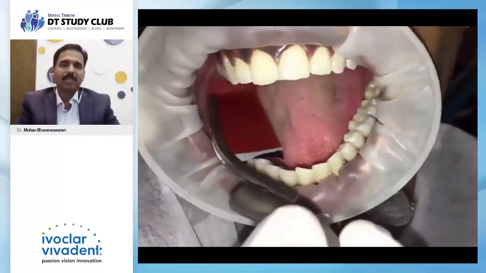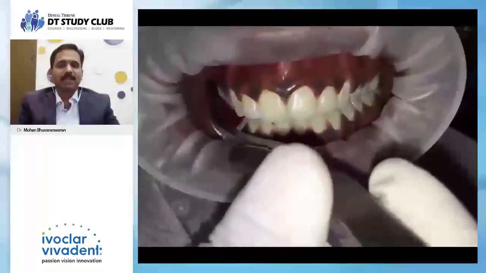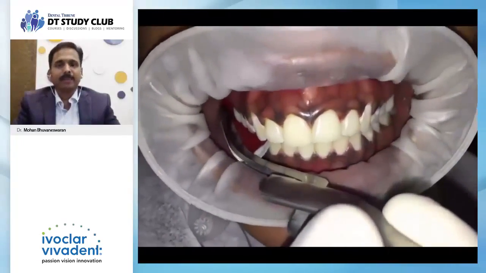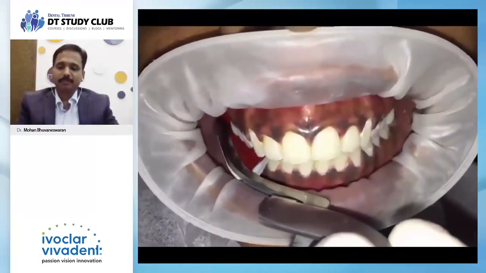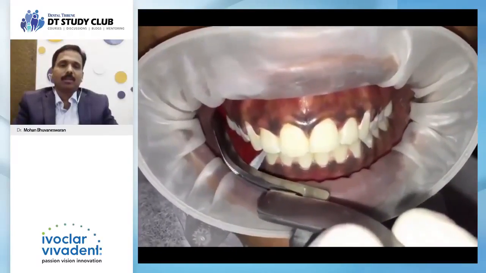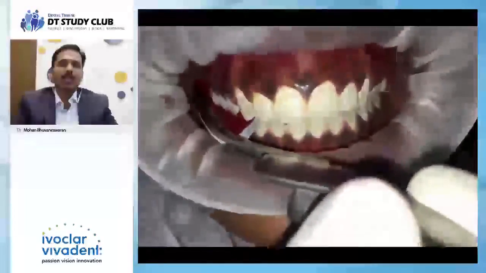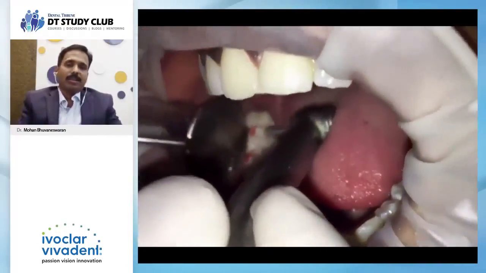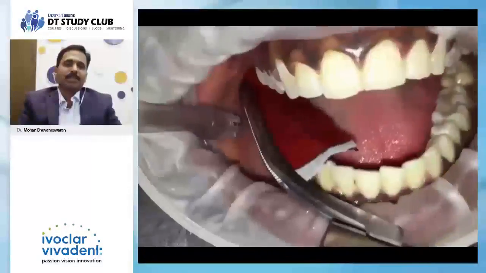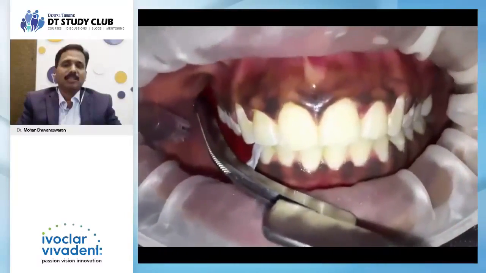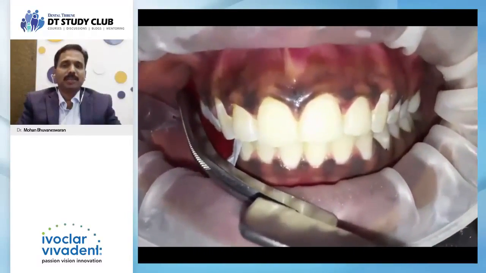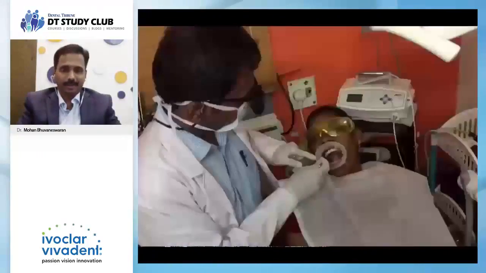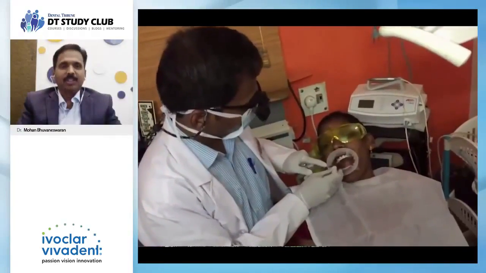Look at that, carving it beautifully, and then checking for occlusal interferences immediately, and then we grind away all those occlusal interferences, and then the patient is all set with this new restorative material called Sention N. Yes.